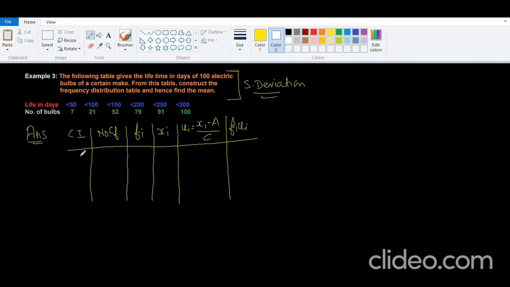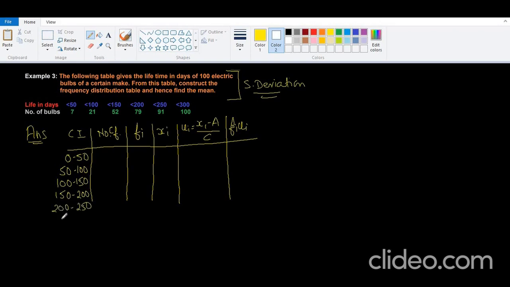So first of all, class interval. Less than 50 means 0 to 50. Less than 100 means between 50 and 100. Less than 150 means between 100 and 150. Less than 200 means 150 and 200. Less than 250 means 200 and 250.